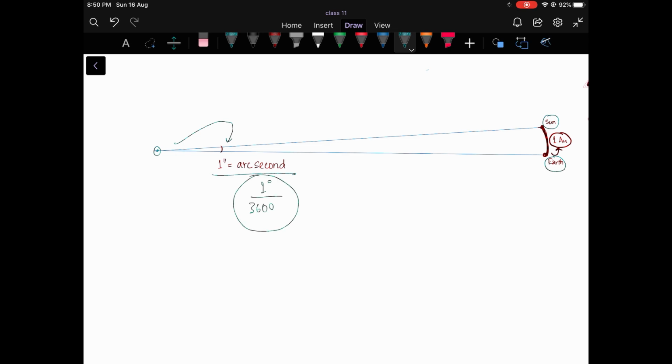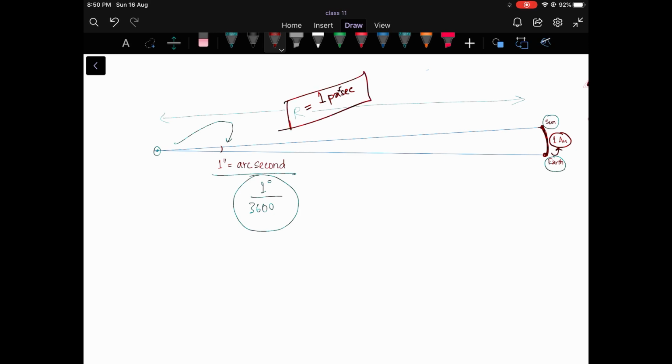Since it is such a small angle, you have seen that if I take the point very close, I'm going to make a very big angle, but that is what we are not doing right now. We have taken this angle to be so small that this radius is quite large, and this radius we start calling 1 parsec.